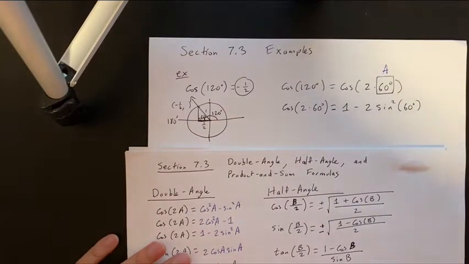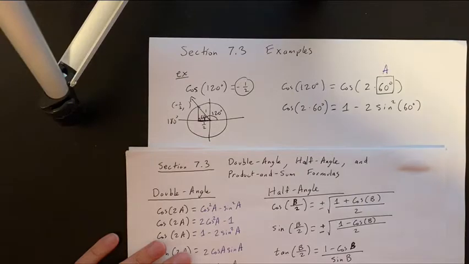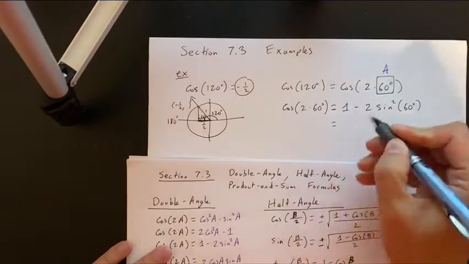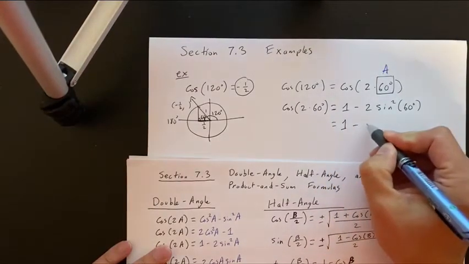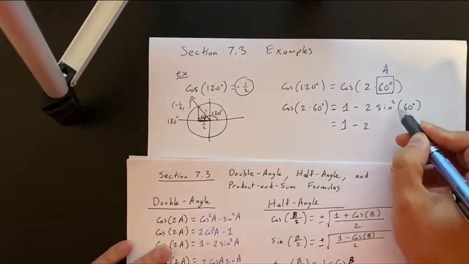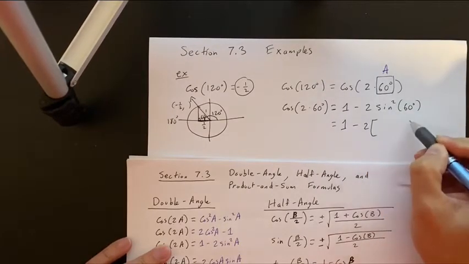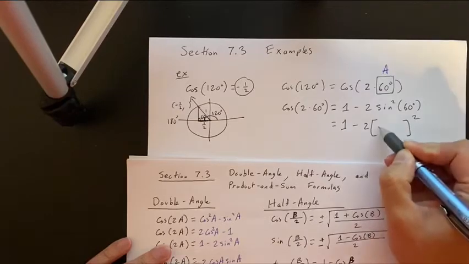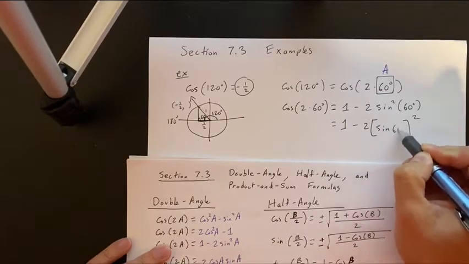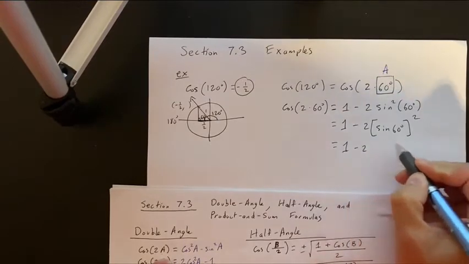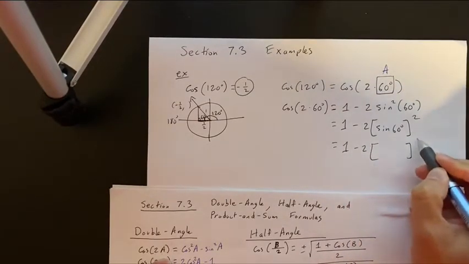Okay. And now we just have to evaluate. So this is 1 minus 2 times... sine squared of 60 just means that you're going to square the sine of 60. So let me just write that clearly. What is sine of 60?